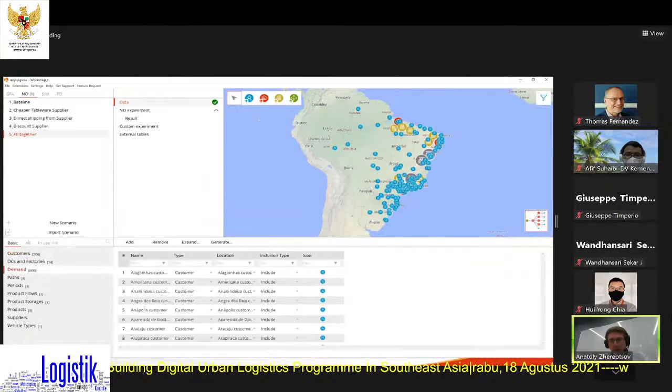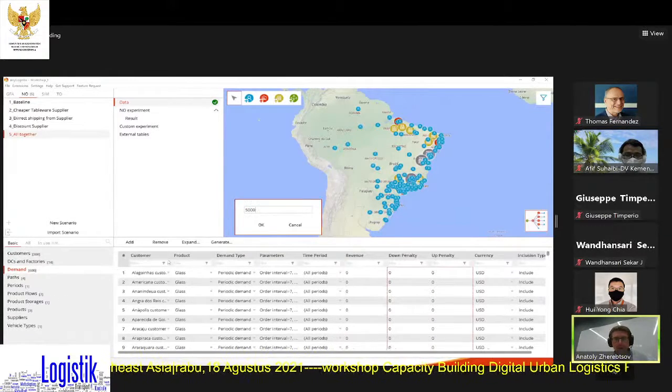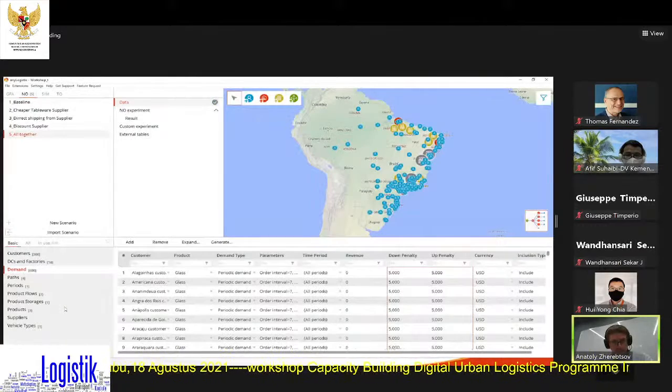But if we specify a penalty for a constraint, for example, for a demand, the constraint for demand will become a soft constraint. That means that the optimizer tries to maintain this constraint, but if this constraint is violated, then we pay an additional penalty for violating that. It is called a soft constraint.